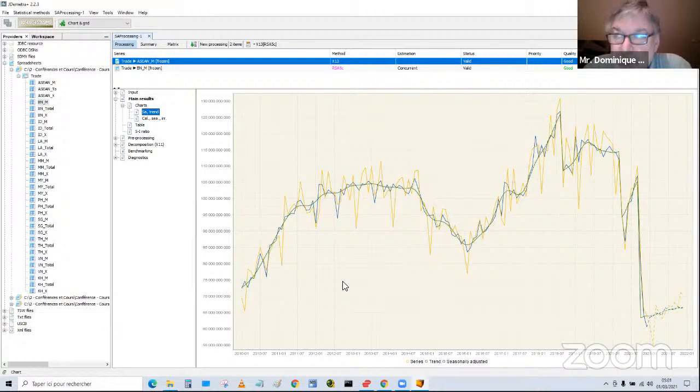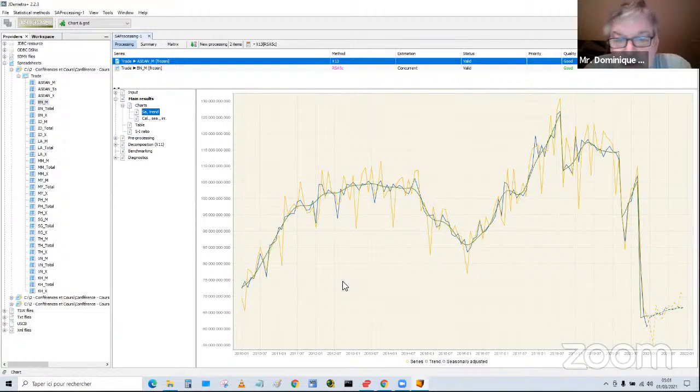So it's mainly concerned with the seasonal adjustment problem. And what you ask is to use at the same time a monthly time series and a quarterly time series, and to make a link between mixed frequency data.